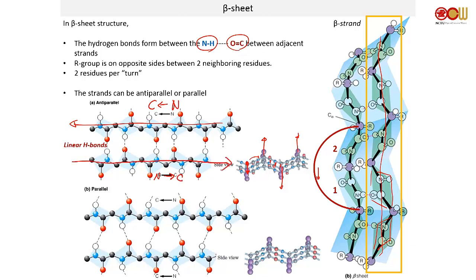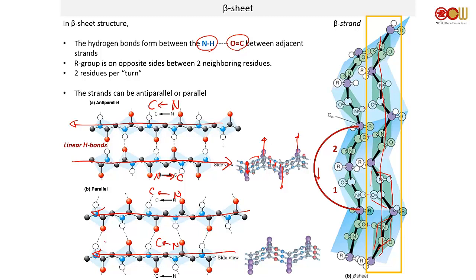So they're anti-parallel. For parallel, it's a similar idea: this is N to C, going this way, and this one is also N to C, going that way. So regardless of being parallel or anti-parallel, you can have a beta sheet.